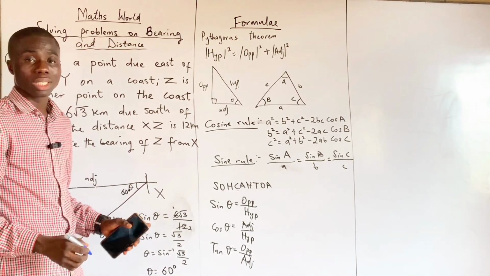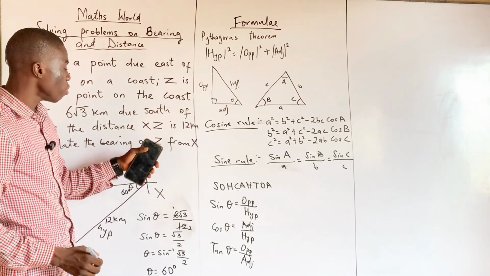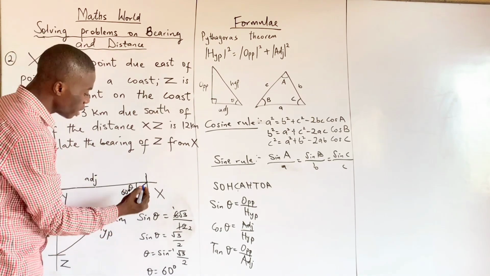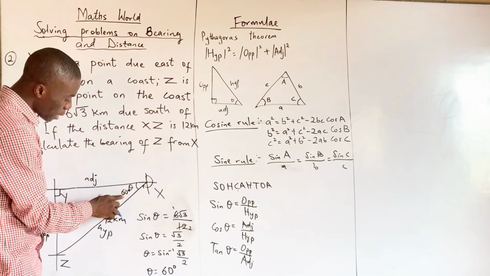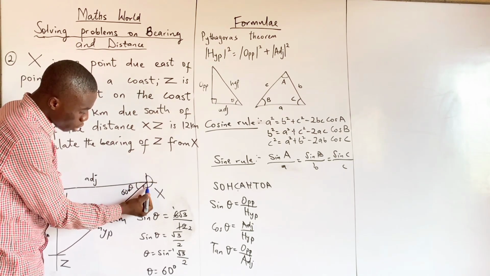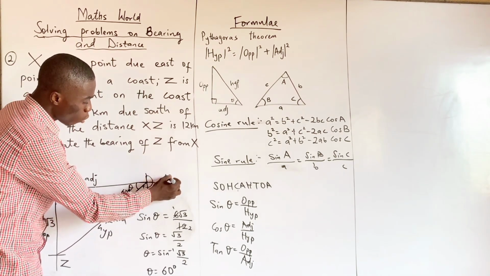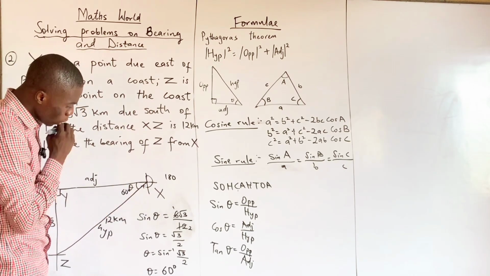Remember, that is not the bearing of z from y. The bearing of z from y is coming from this north to this point, and this is 60. Now from here to here is 90, to here is 180, so we have 180 now. But from here to here is what we don't know. So how can we get that?